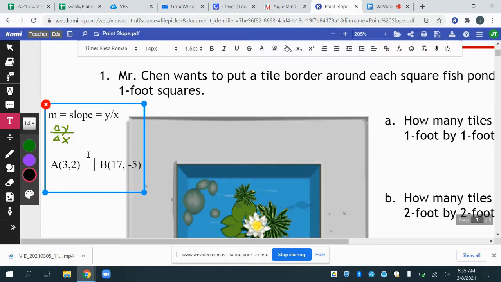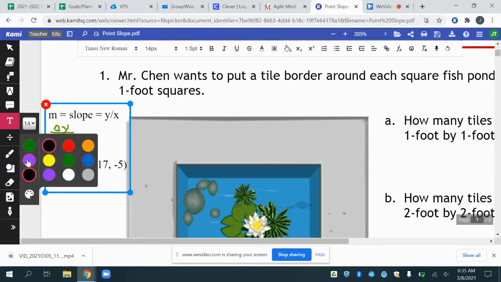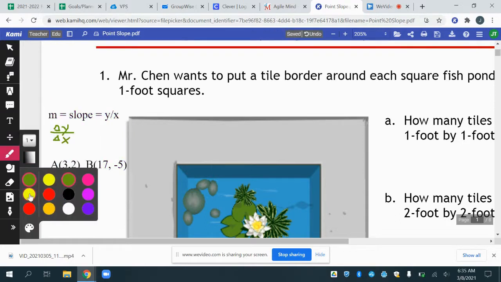I can notice that from 3 to 17, x changes by, well, it goes up 14.